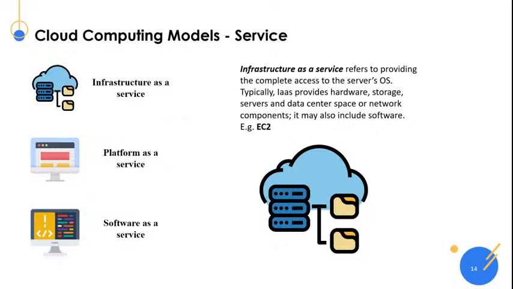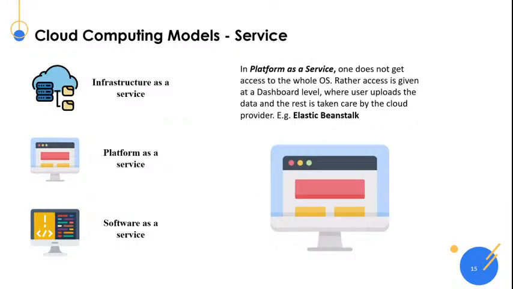So basically, when we say infrastructure as a service, you are getting the whole infrastructure and the whole system, you are getting the whole virtual machine as a service delivered to you. All right. And the second is platform as a service.